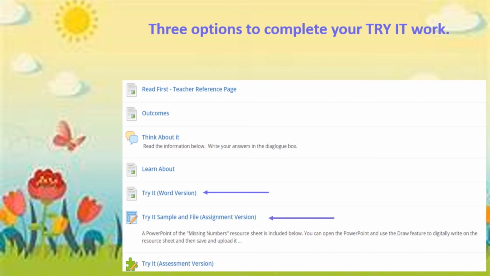If you go in here, there are directions on your Schoology page to show you how to use the drawing tool in a PowerPoint slide to show your work, save it, and then download it for your teacher to see. Third, there is an assessment that you can try where it actually has questions that you can choose from multiple answers. All these options will be available. However, it'll be up to your teacher what he or she would like you to do.